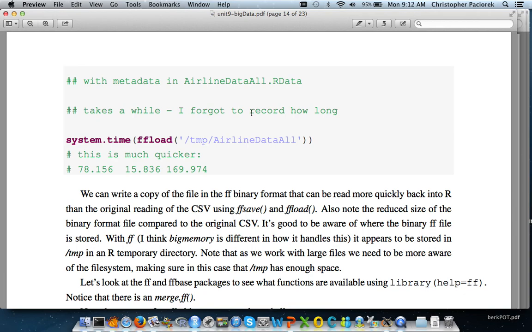So the other advantage of that is we can then load that back in. That doesn't read it into memory, but that sets things up in some fashion such that it's then available for us to work with. So when I actually did the ffload on this data set, it was only taking, it looks like, about 2 or 3 minutes to get it back and accessible to us.